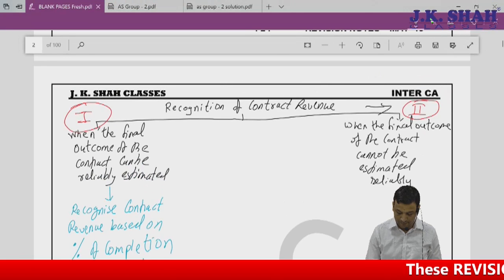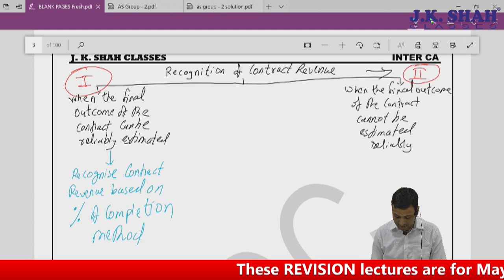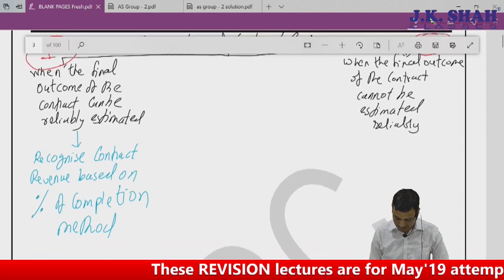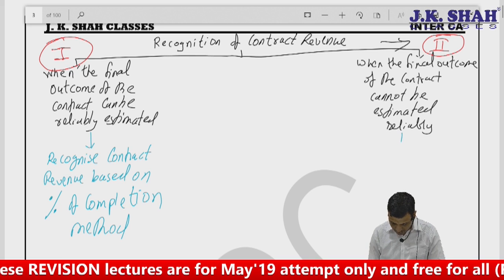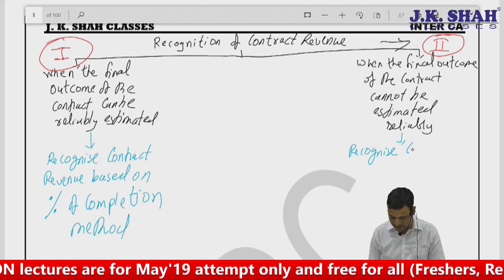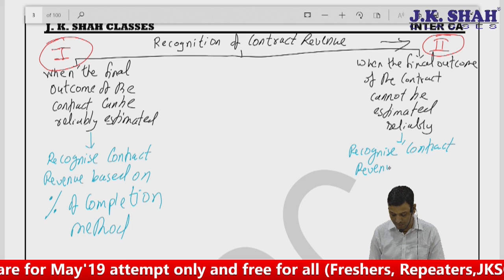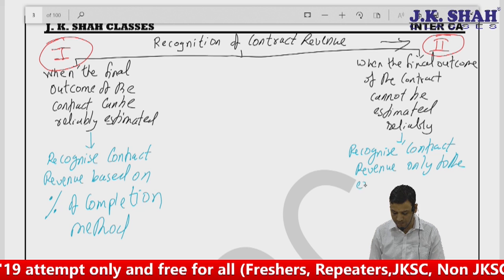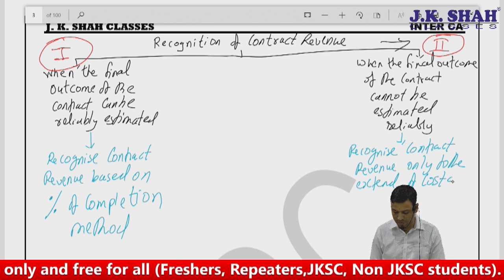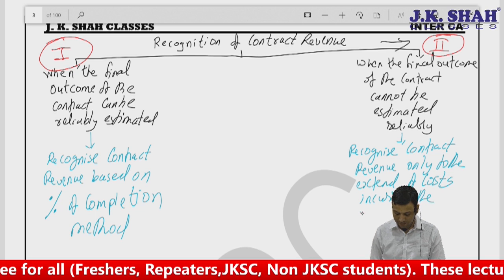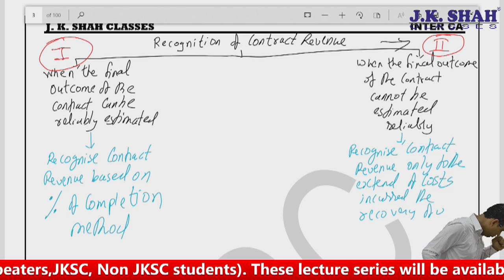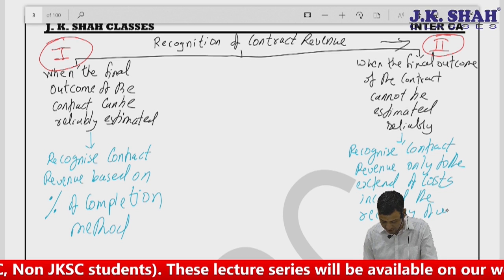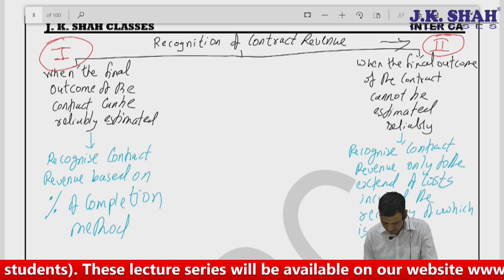Now I come to the second area. The second area is when the final outcome of the contract cannot be reliably estimated. The standard says: recognize contract revenue only to the extent of costs incurred, the recovery of which is probable.